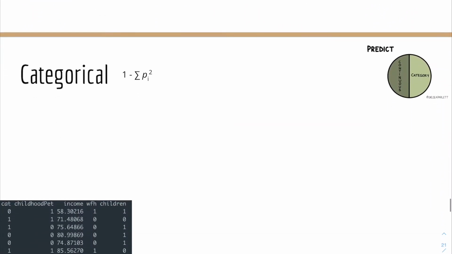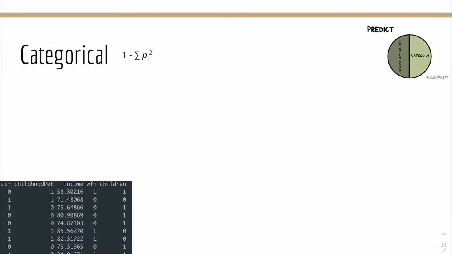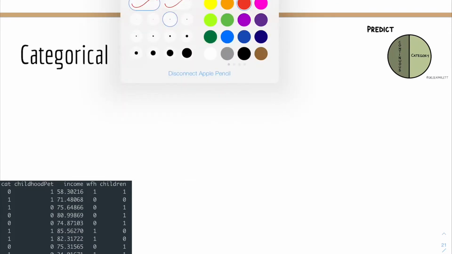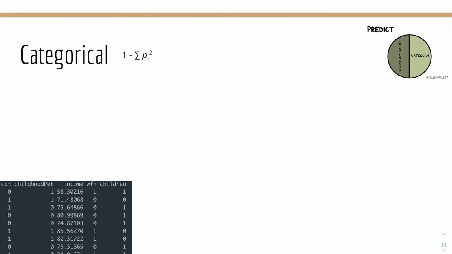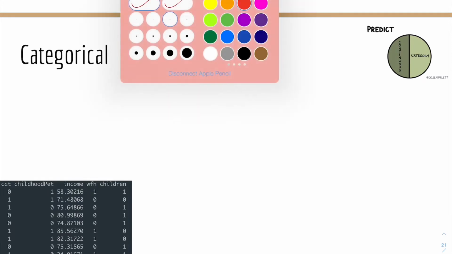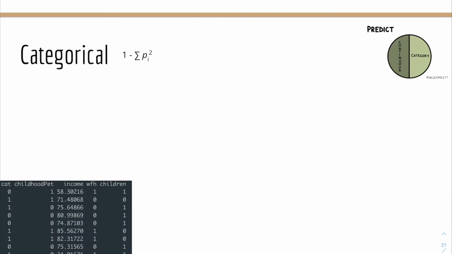Okay, so as I said before, we're going to build our decision trees with math. So let's go ahead and do some math. In this data set that we're looking at, we are predicting, as I mentioned in class all the time, whether or not someone has a cat. Now, we have a couple different variables that we can use in order to make this prediction.